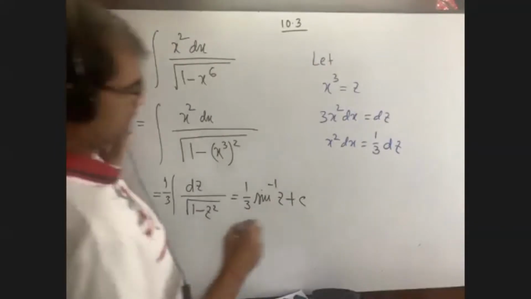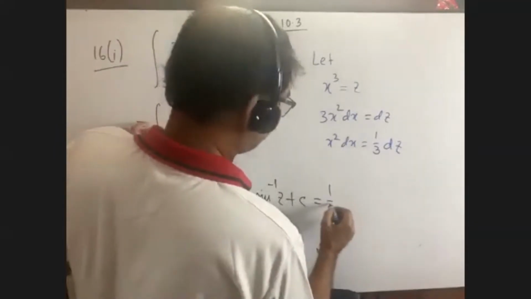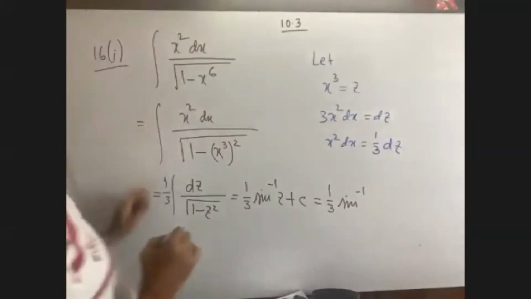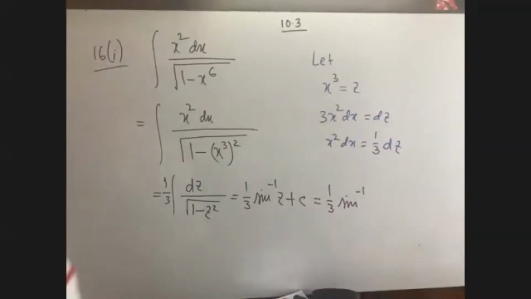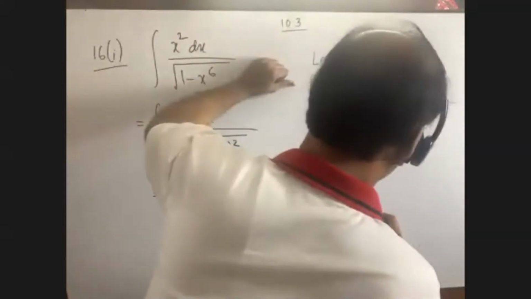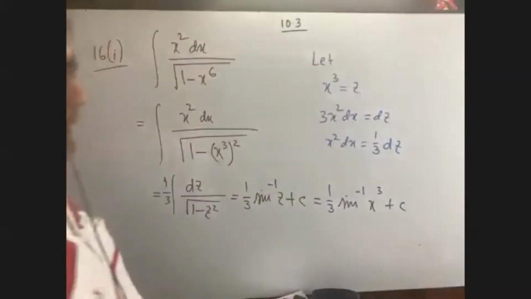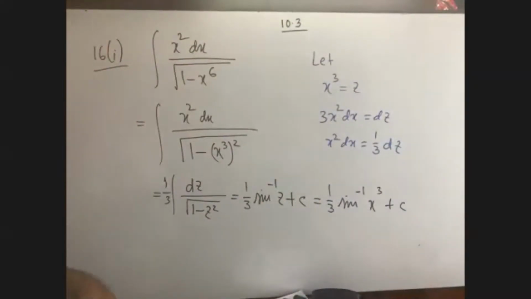The value of z is x cube, so we get 1 by 3 sine inverse x cube plus c. And yes, we have got our result. So I think you can do this math.